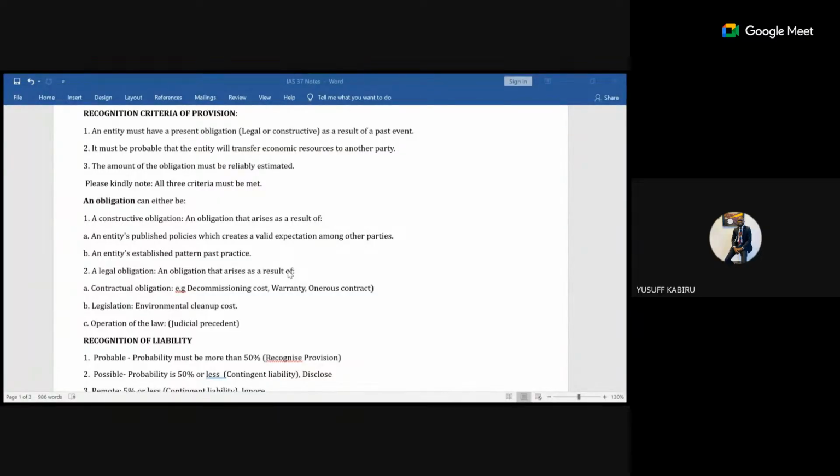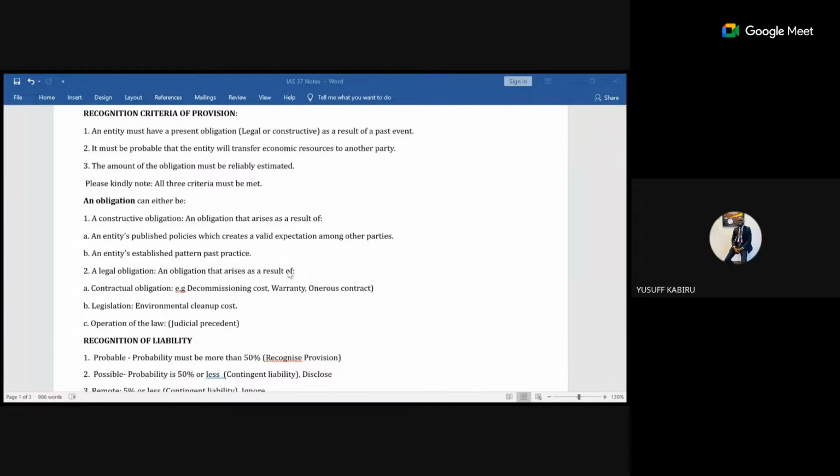Now, let me go to legal and constructive obligation. An obligation, in line with IAS 37 and the conceptual framework, has two types: legal obligation and constructive obligation. So now number one is constructive obligation. Constructive obligation is not in a contract.